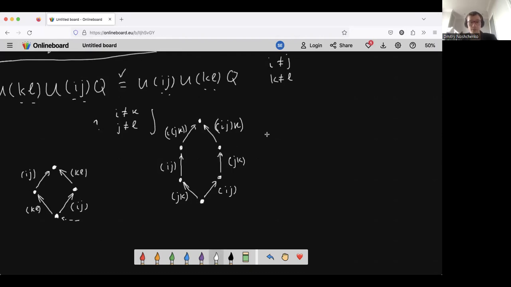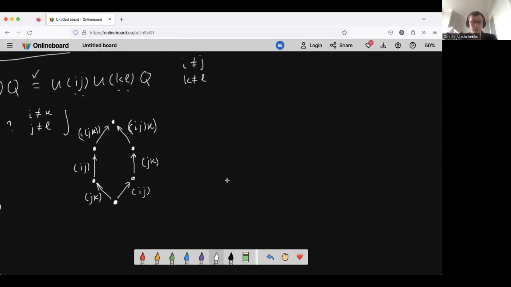So let's just write it in a proper way as a sequence of unlinks applied to a quiver. If you have a quiver Q, and you hit it by U, I, J, then we hit U, J, K. Then we need to hit by unlinking, which takes first the node which has been created when we unlink ij. This node is effectively Q inverse x I xj. This is n.